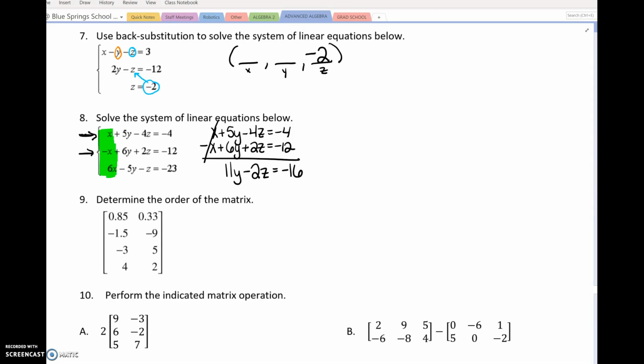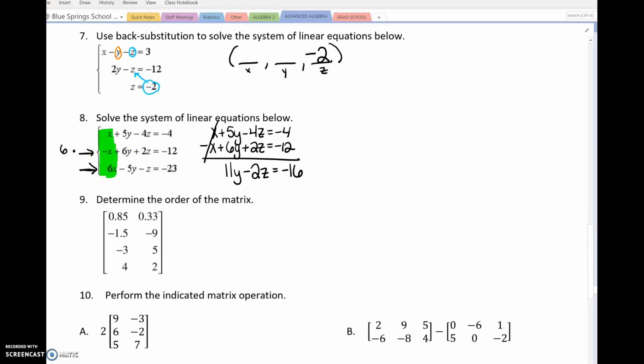So the first time I eliminated, I used the first and the second equation. I left them exactly as they were, and the X eliminated. So I have Y and Z. Now I want to use the negative, so the middle one, and the last one. In order to make these X's eliminate, what am I going to have to multiply the middle one by? 6.